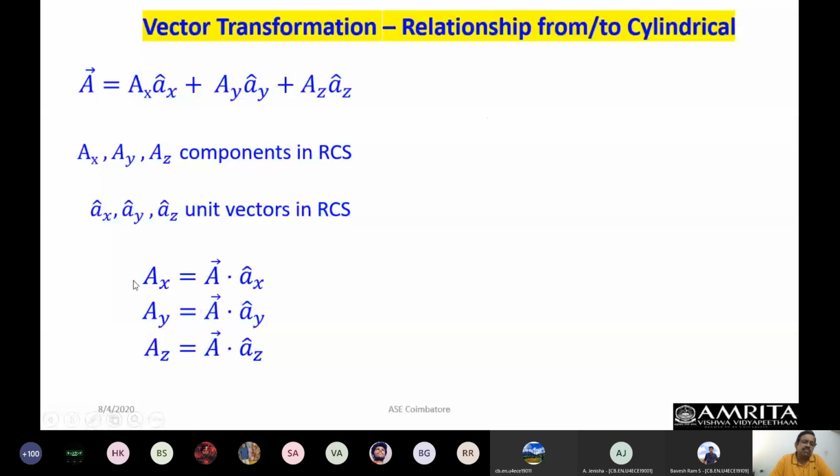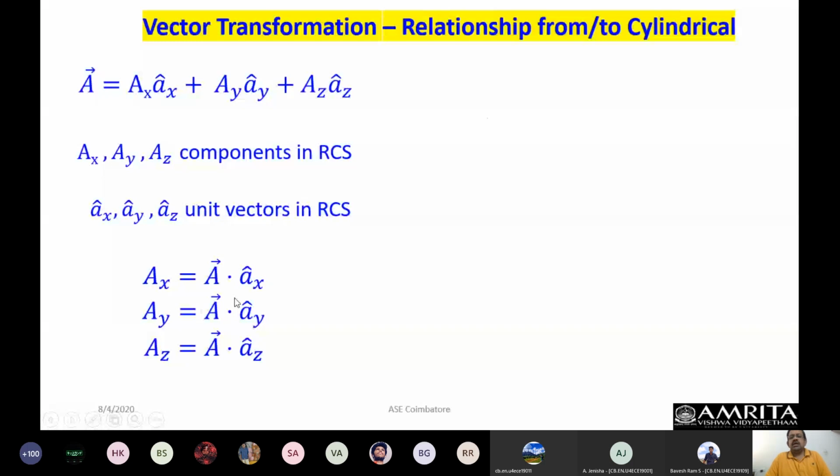That will be the only component remaining. The other two components vanish, because x hat, y hat, z hat are mutually perpendicular, which means the angle between any pair is 90 degrees. Therefore cos 90 is 0, and the other terms vanish. So you get this. Now, what about the cylindrical?